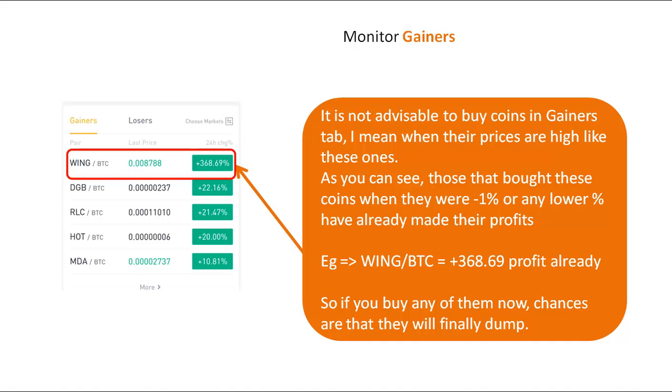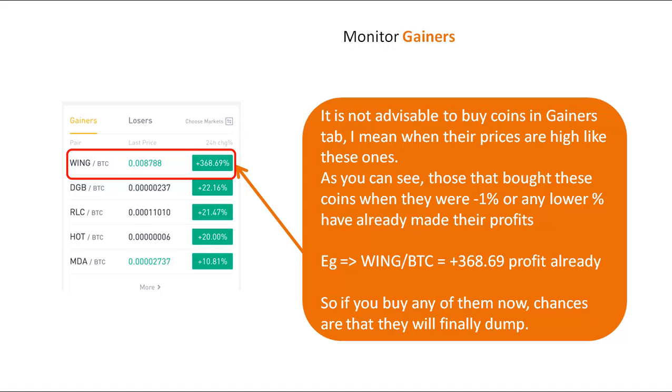Monitor gainers. It is not advisable to buy coins in the gainers tab, I mean when their prices are high like this. As you can see, those that bought these coins when they were minus 1% or any lower percent have already made their profit. Example, we have Wing in the pair of BTC, which is equal to 368.69 profit already.